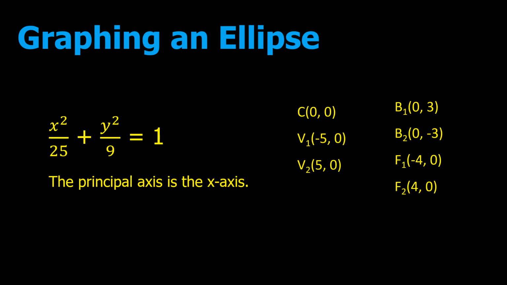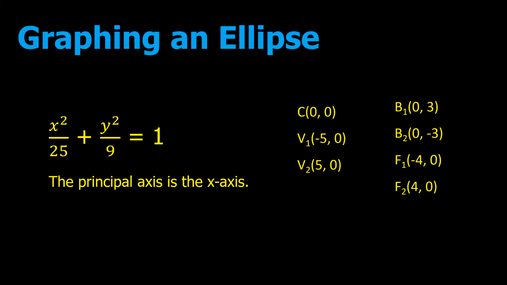Now we can identify all the properties of the ellipse starting from the center. So given the equation x squared over 25 plus y squared over 9 equals 1, then we can say that the center of this ellipse is at 0, 0.